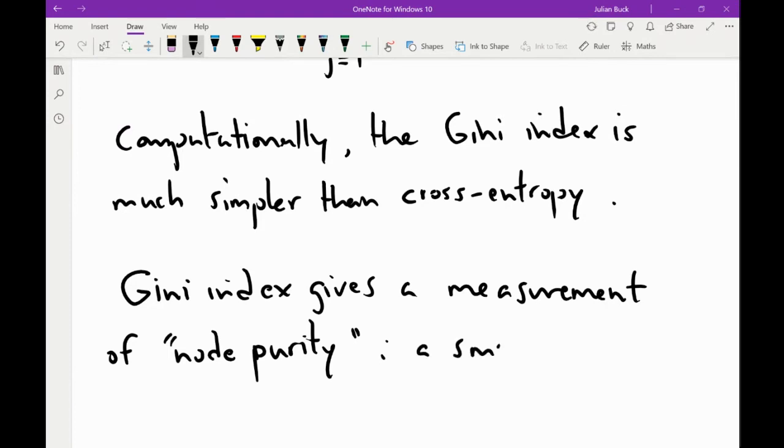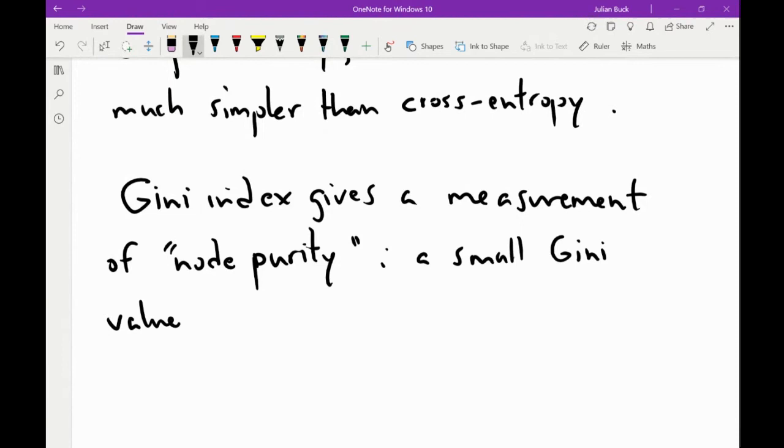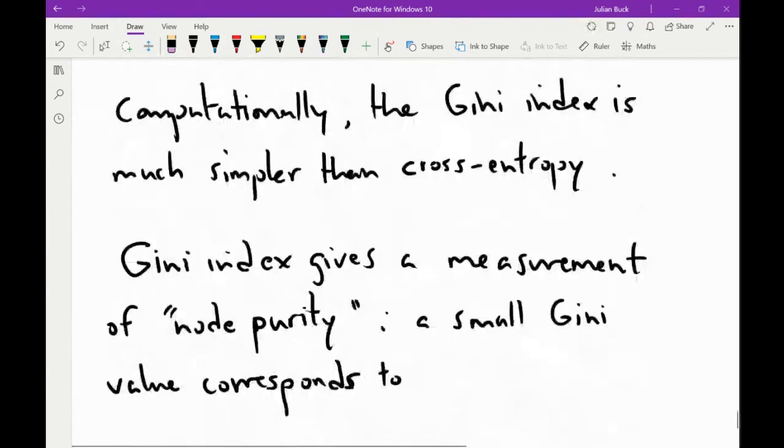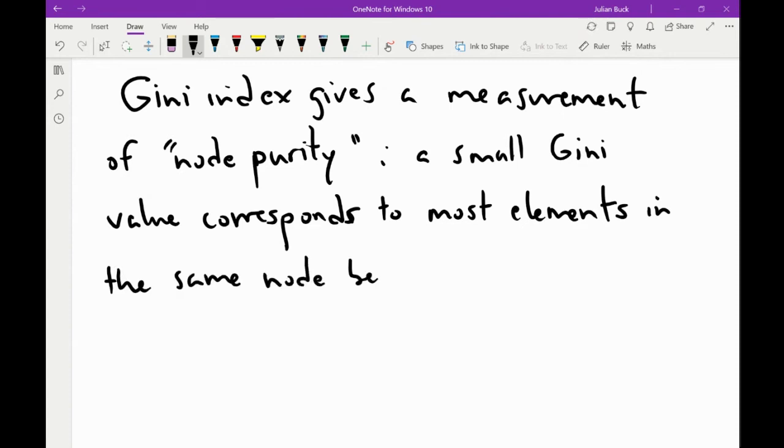So a small Gini value corresponds to most elements in the same node belonging to the same class.